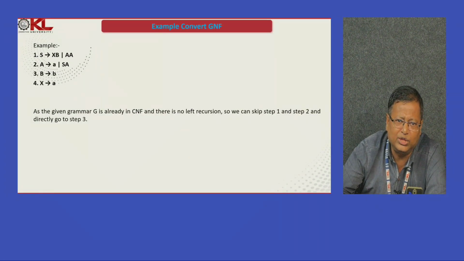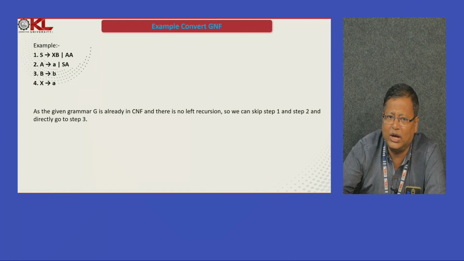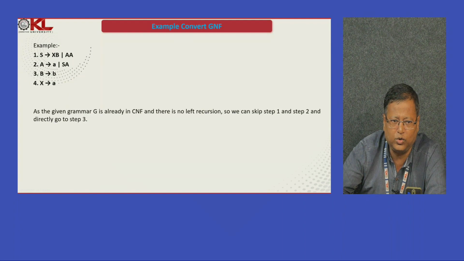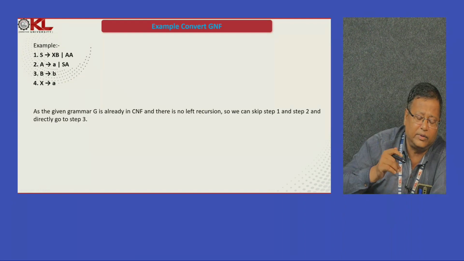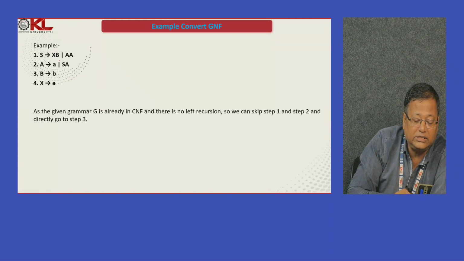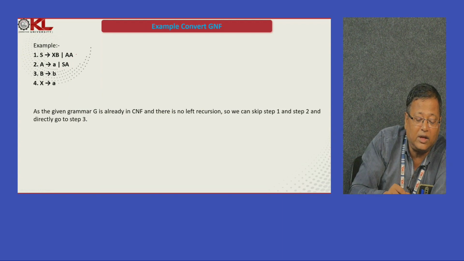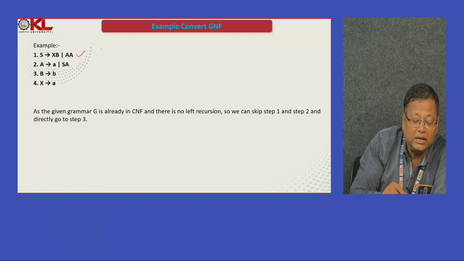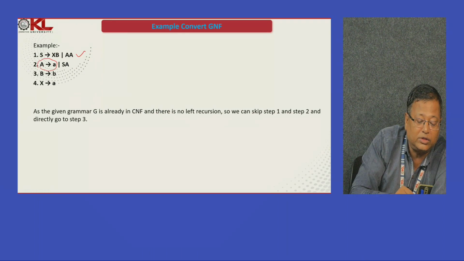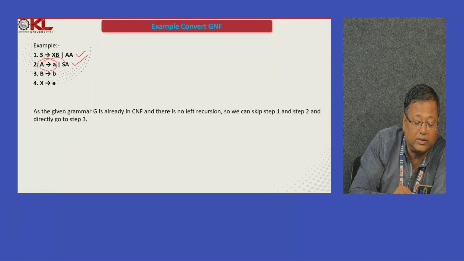First we check whether this example is in CNF or not. If it is in CNF, then you convert to GNF, then you remove the left recursion. Here S derives XB, XA. This is in the CNF form, because a non-terminal derives two non-terminals. A derives a, it is also in the CNF, and A derives XA, a non-terminal derives two non-terminals, it is also in CNF.